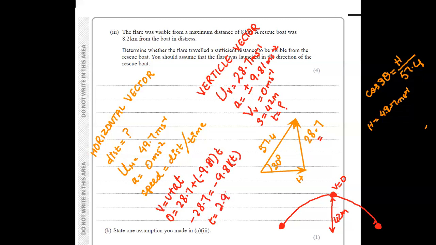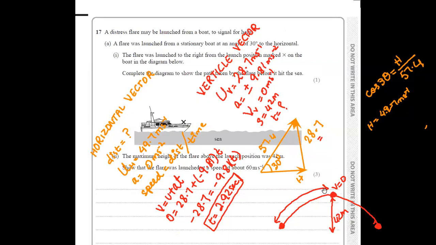Now, keep this in mind that this is the time for the flare to travel from the starting position to the maximum height. So I have to multiply by 2, yes, exactly, because my launching position and landing position are almost the same. I'm launching from the water and it's landing in the water. Again, if it was landing on another surface, like a cliff, then we would have to individually calculate the time for going up and for going down.